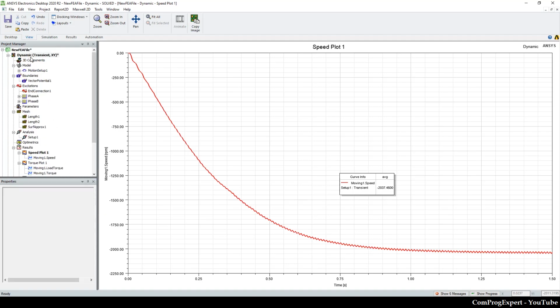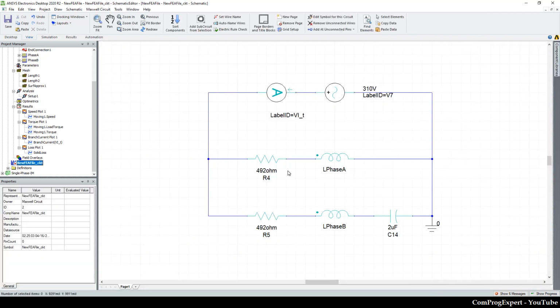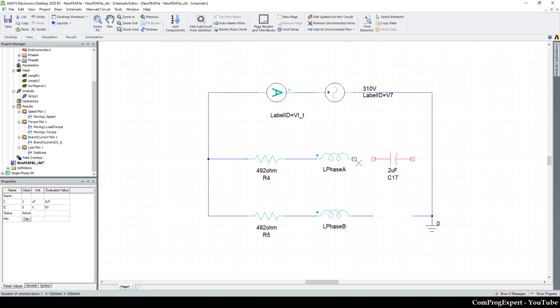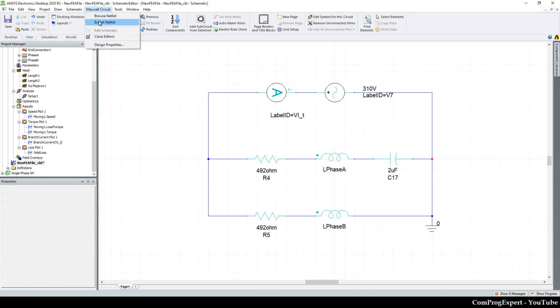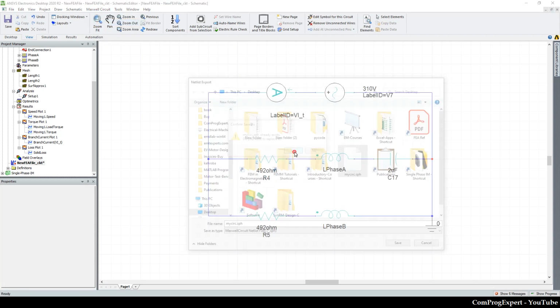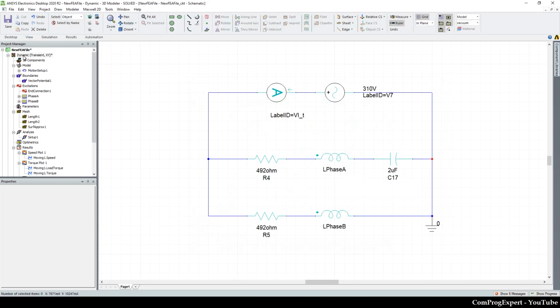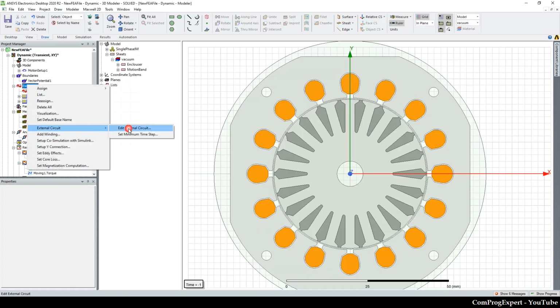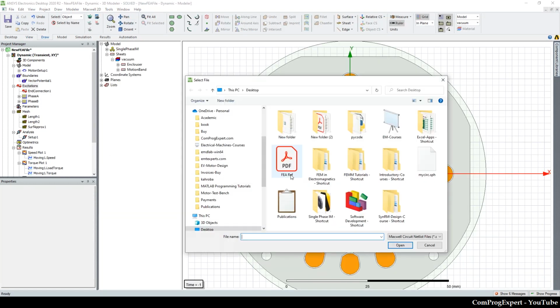So first of all, I cut this capacitor from here and I place it here, right? Because I want to get the positive speed. Maxwell circuit, export netlist, my circuit, yes, dynamic simulation, external, import.